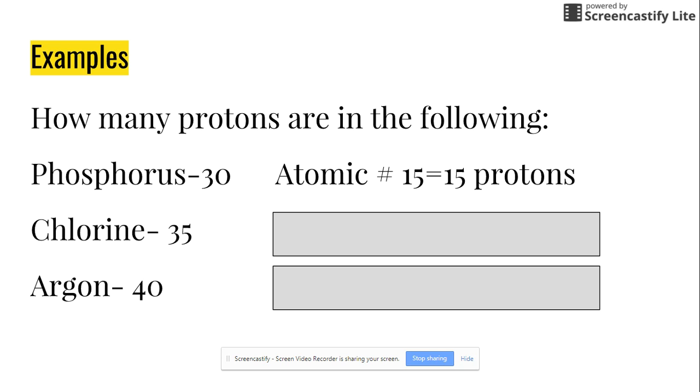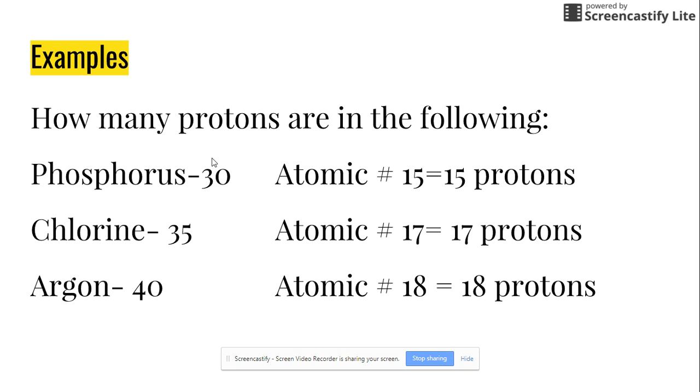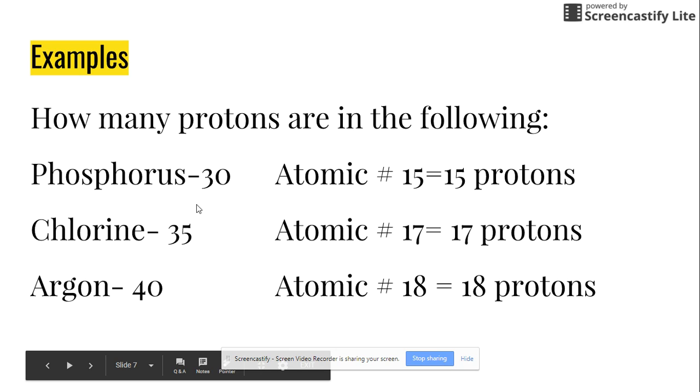Chlorine is atomic number 17, so it has 17 protons, and argon is number 18, so it has 18 protons. Now, remember these numbers out to the side of the names are mass numbers. They have nothing to do with the protons.